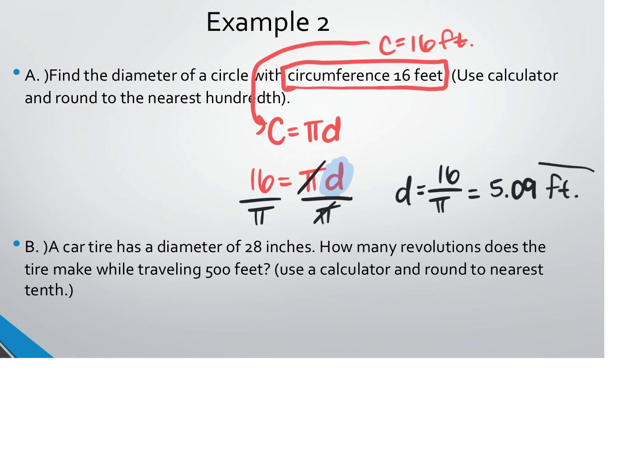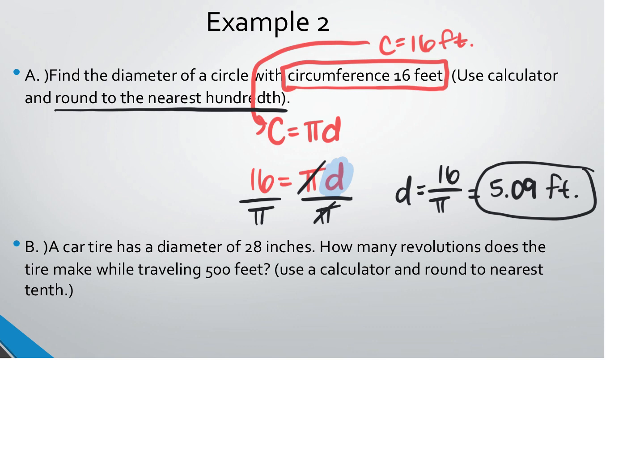Why did German round to the nearest hundredth and not the tenth here? It says round to the nearest hundredth, okay? If it does not say to round, what are we going to round to? The nearest tenth, okay? But if it says specifically what to round to, you have to understand to round to that. Questions? Talk to me.